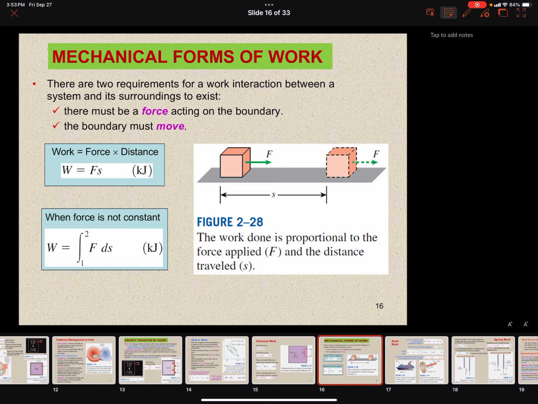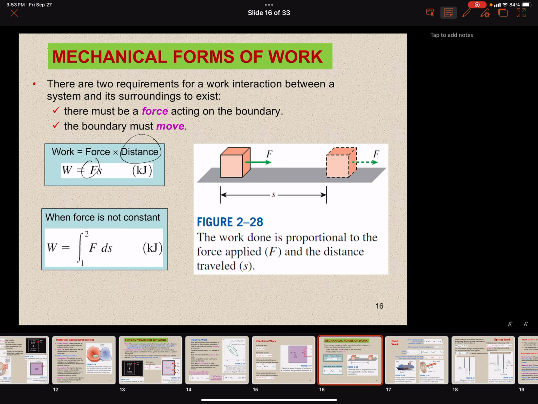Now for the mechanical forms of work, there are two requirements for work: an interaction between the system and its surroundings must exist, there must be a force acting at the boundary, and the boundary must move. I think all of you remember that work is force multiplied by distance.